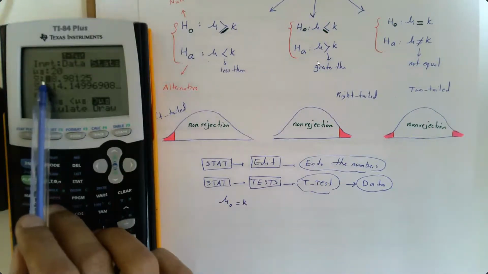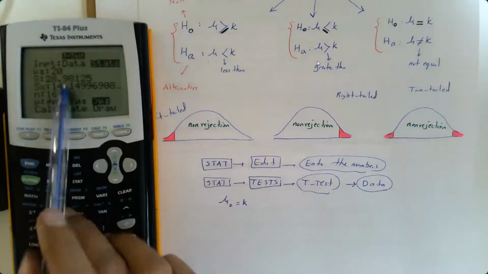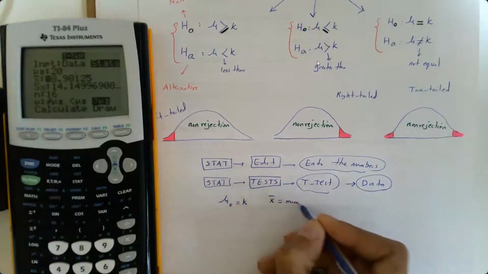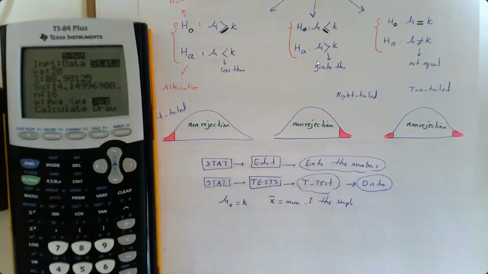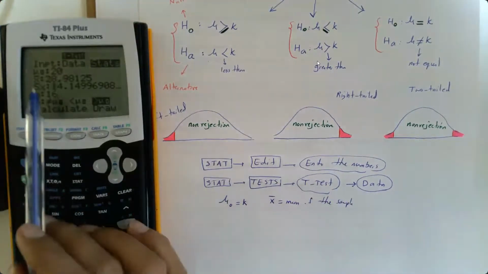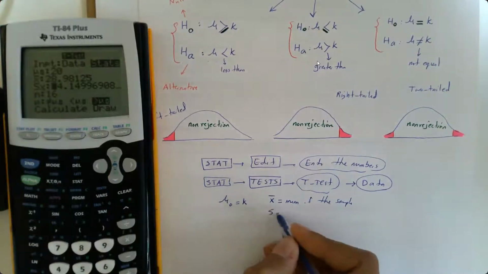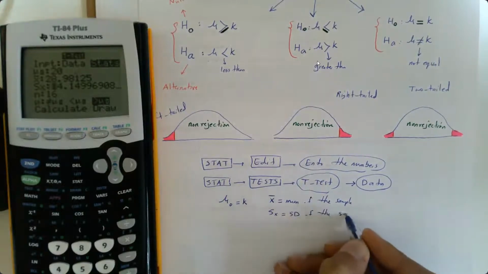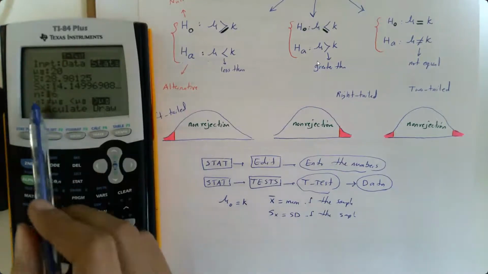Well, X bar is the mean of our sample, which we calculated before. S sub X is the standard deviation of your sample. Then n is 16. Well, we know that.